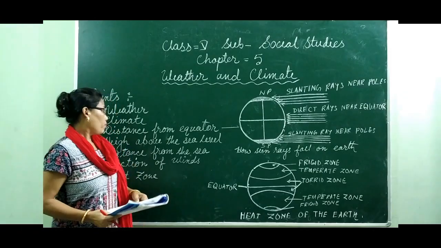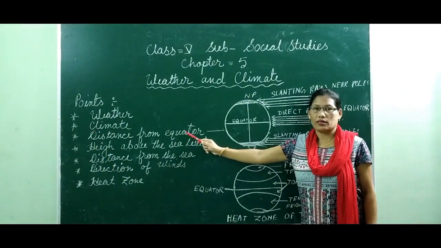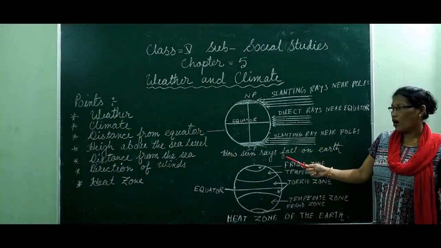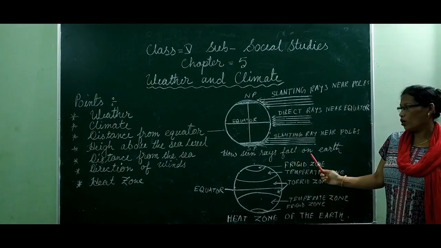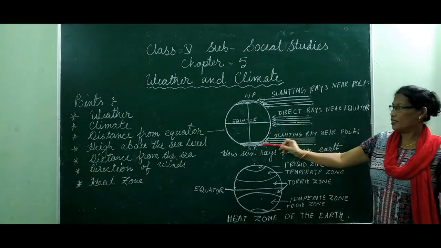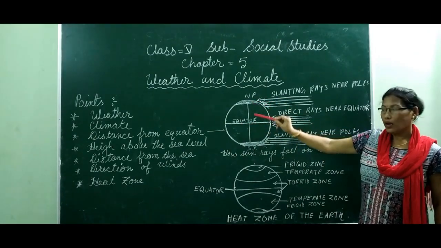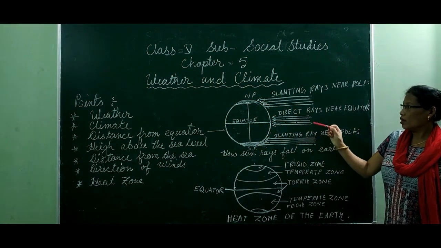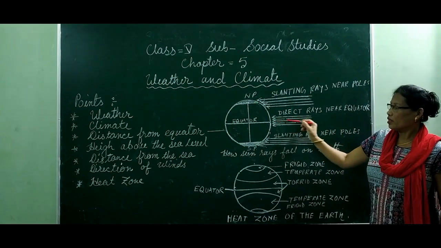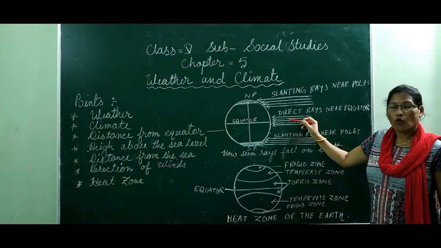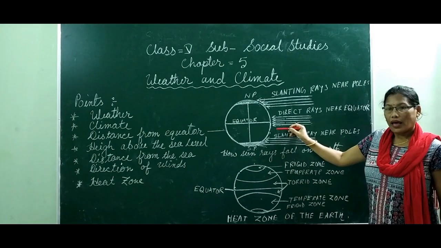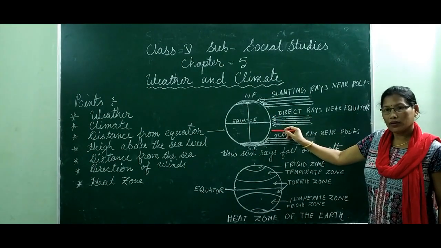Next is distance from the equator. Look at the picture of how sun rays fall on the earth. This is the earth, this is the equator, this is the North Pole and South Pole. Near the equator, the rays of the sun fall directly and spread over a small area.